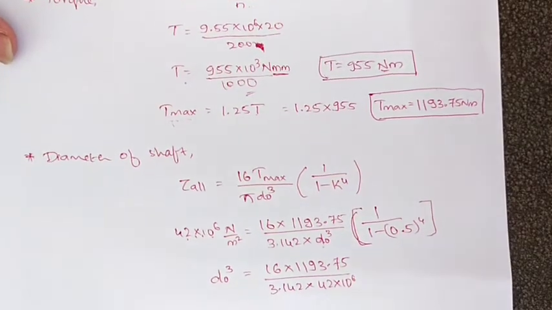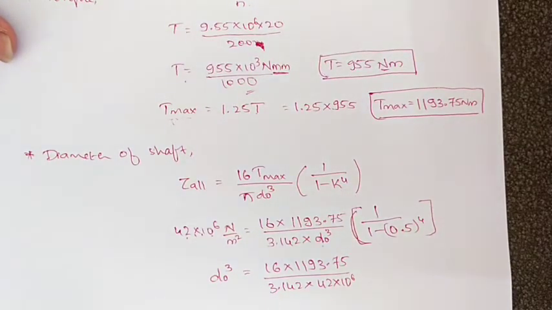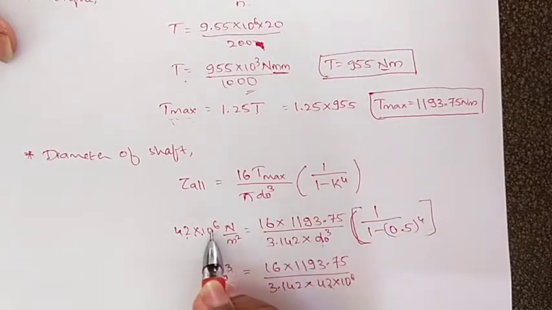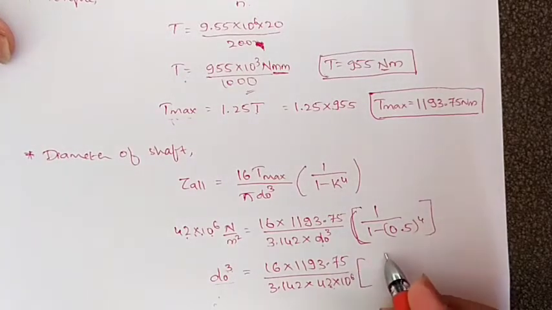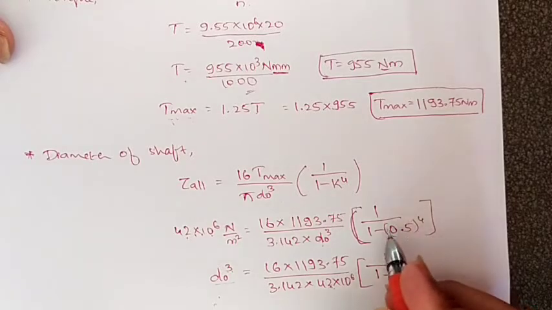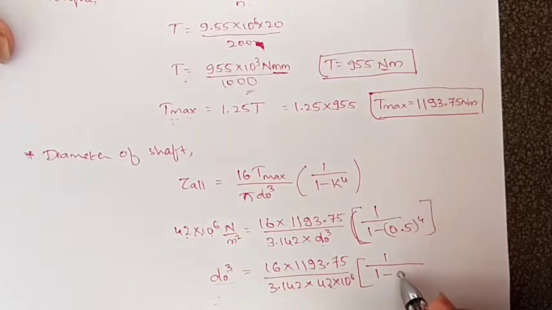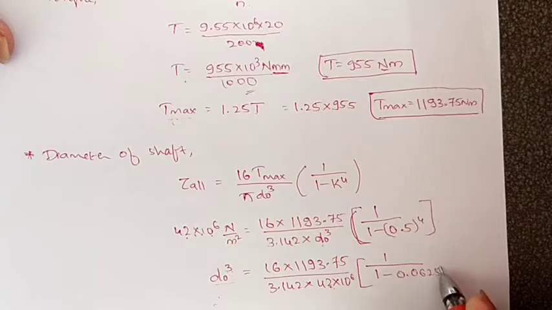So we have just shifted that d naught and allowable shear stress. See, always it will go here and this will shift here. If you shift this, it will go down, divided by down. Now we want to shift this d naught, so we go here and 42 will come here. Now when you find out this value, 1 divided by 16, it will be 0.0625.